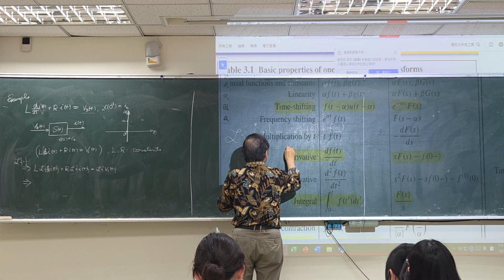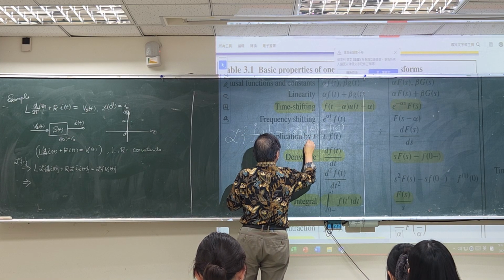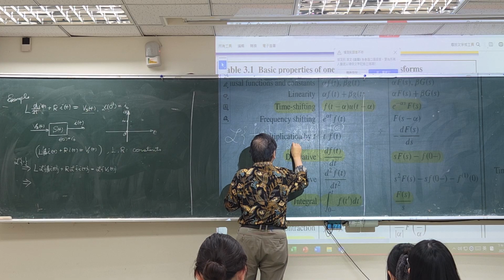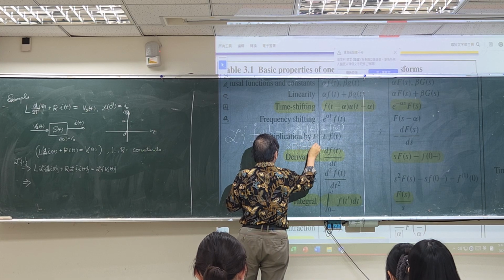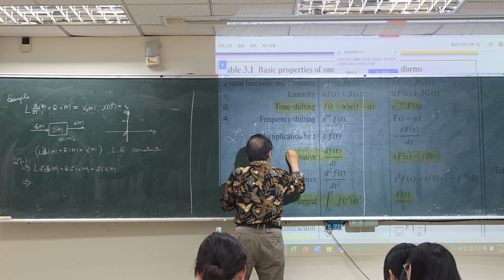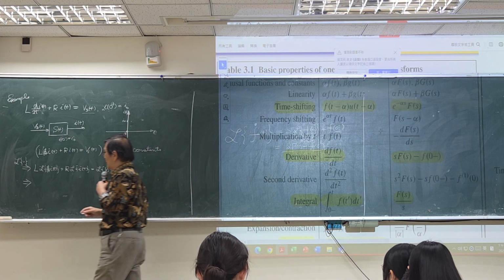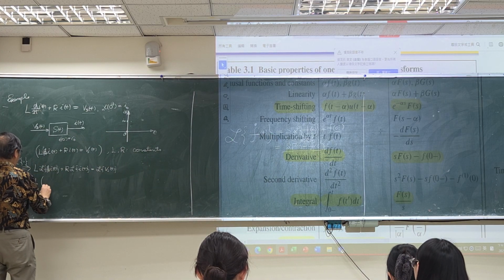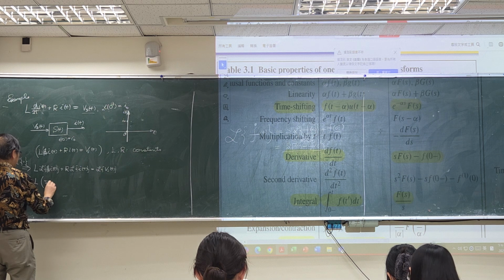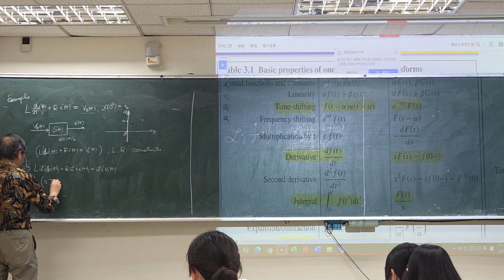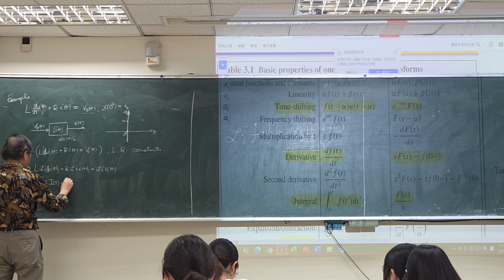So we call this F of s. We are going to implement this result. So we have L times s times I of s, and then minus the initial value.